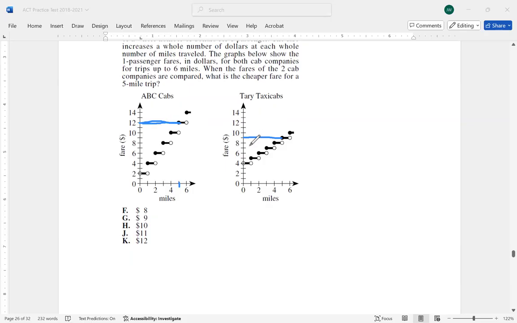And therefore, the cheaper fare is simply the $9. So I'm just looking at that. So G is my answer to question 48.